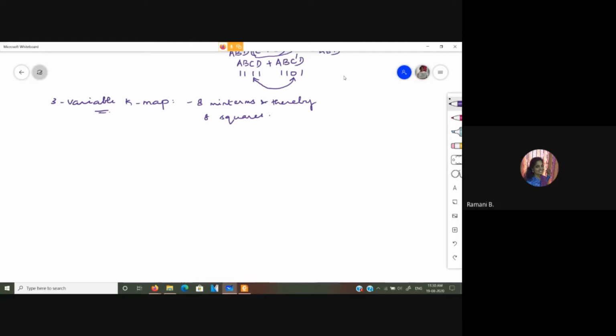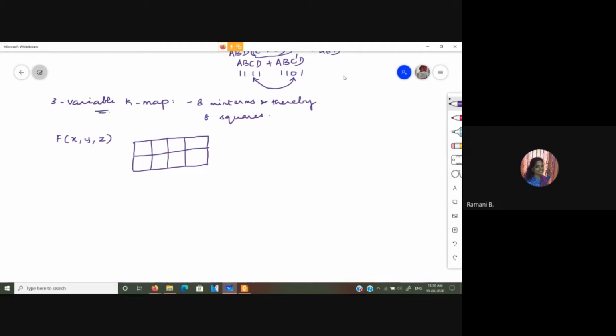So let us consider f of x, y and z. So our K-map will be, you can represent this in two forms. This is one type. The main thing is, in K-map, we are looking for adjacency.